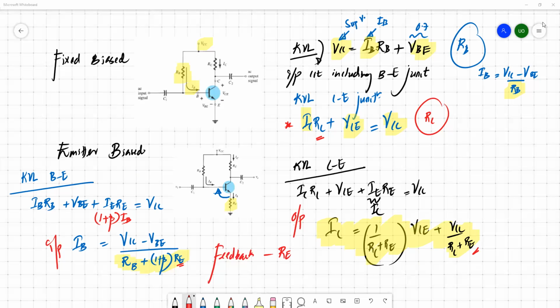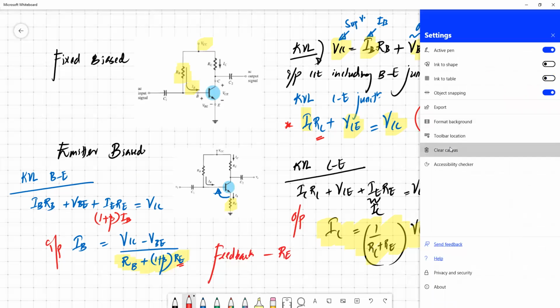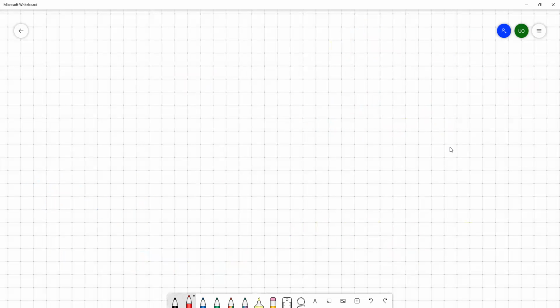So similarly, for the other case, we can have this collector feedback mechanism, the collector feedback bias.